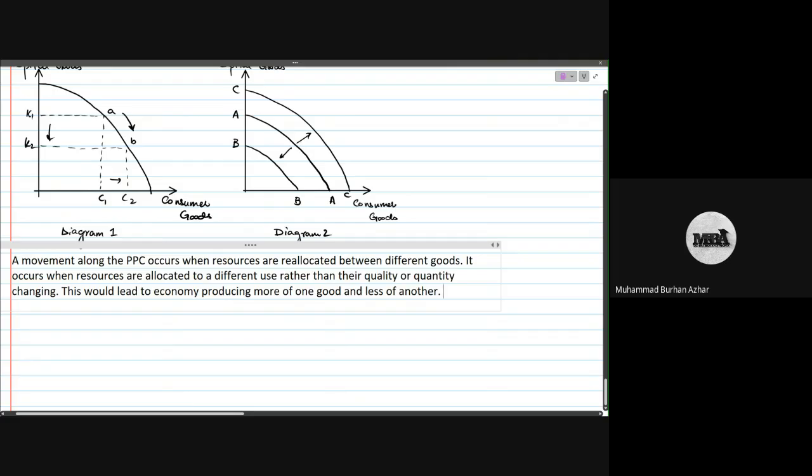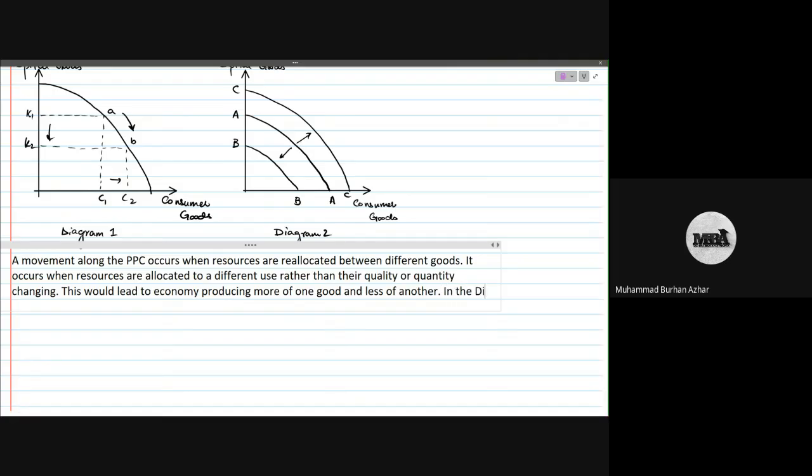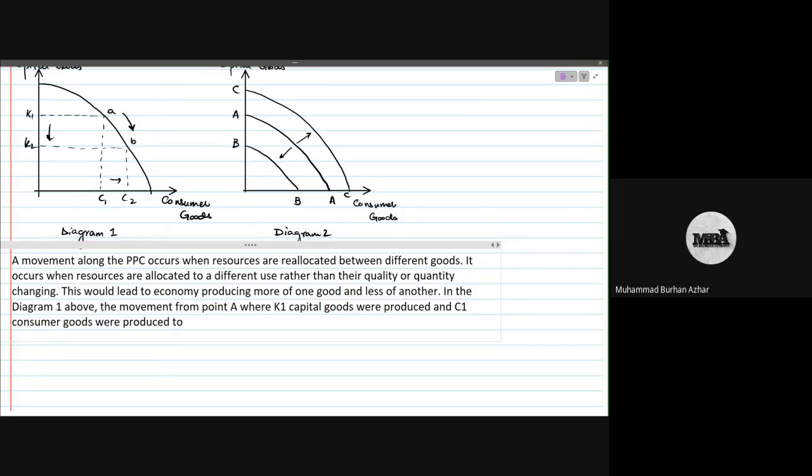So I'll say that in the diagram one above, the movement from point A, where K1 capital goods were produced and C1 consumer goods were produced, to point B represents reallocation of resources.